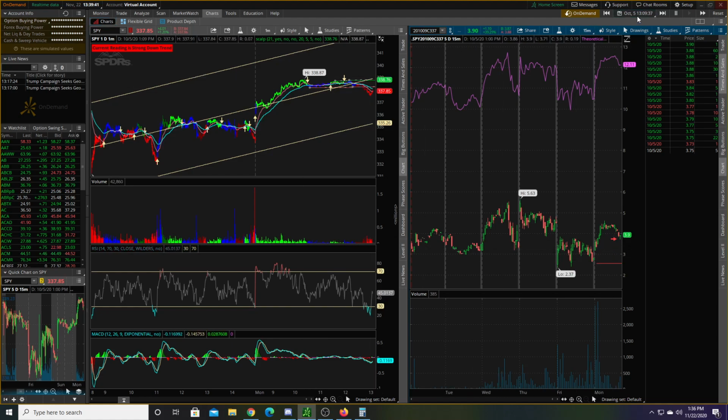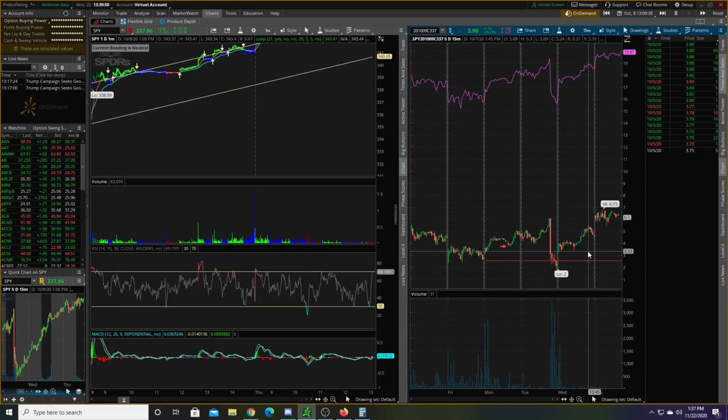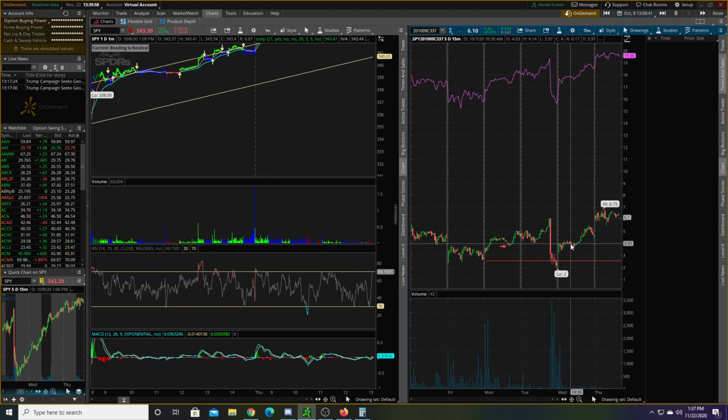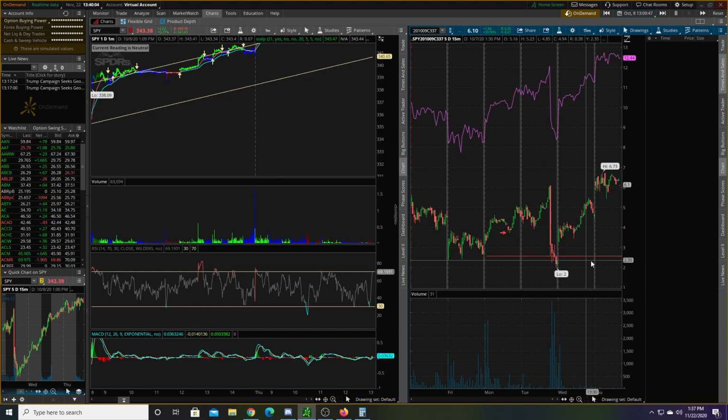So we'll go ahead and speed this up. We'll go, I don't know, to like two days, and we'll look at this chart right here. If you see this trailing stop loss today, as the price rises, our trailing stop loss line actually rises with it.